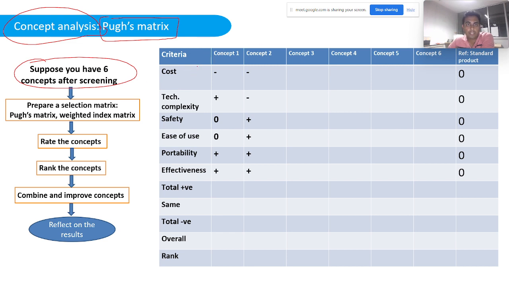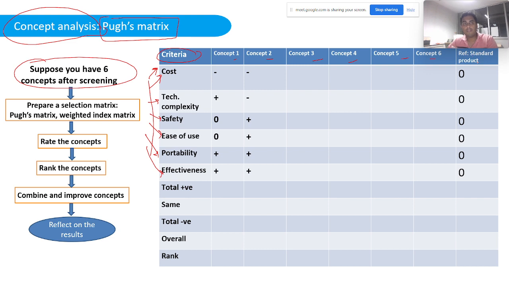A Pugh matrix has a set of criteria which are defined by the developers or based on user requirements, and these are the criteria against which we are evaluating our concepts. These are the requirements which we had at the beginning when we were ideating. Based on these requirements, we now evaluate the concepts. For example, here we have six concepts: concept 1, 2, 3, 4, 5, 6.